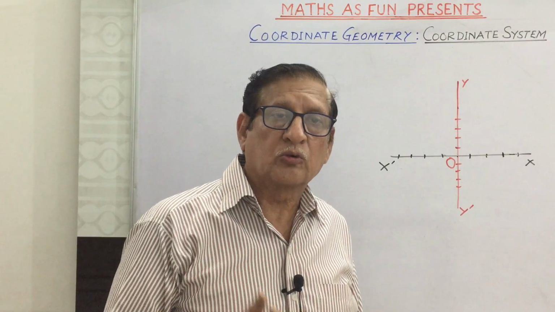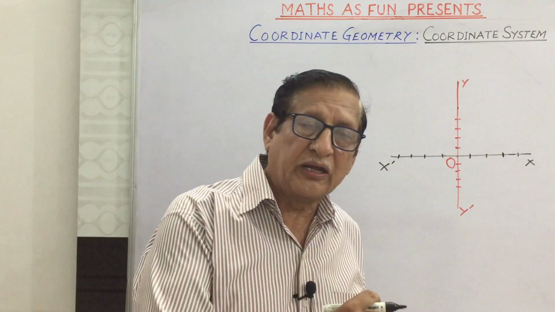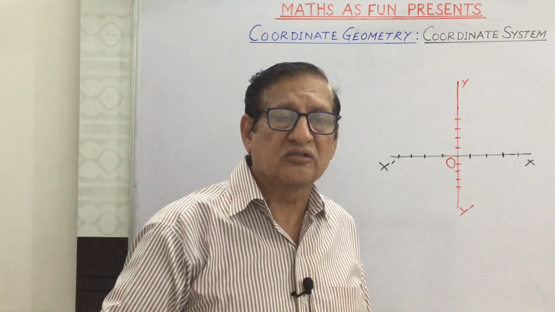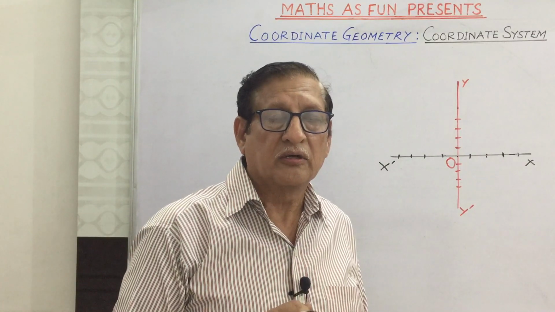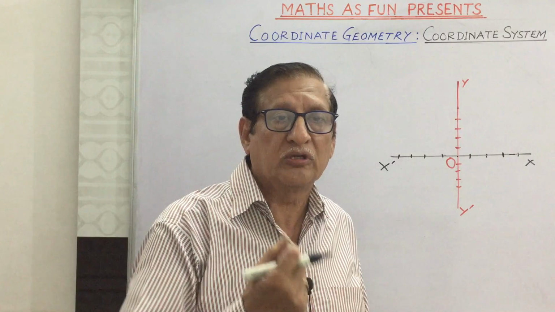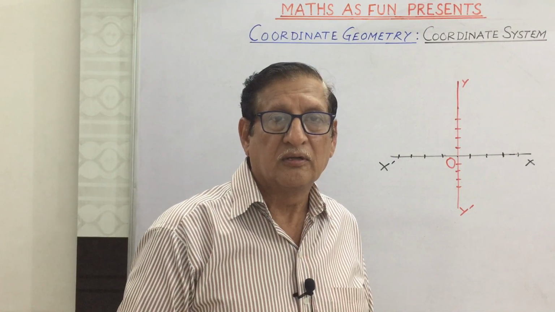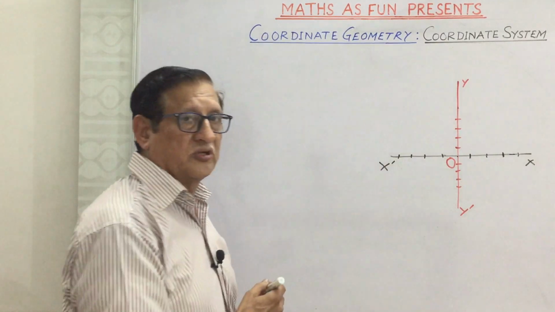After learning about the coordinates of a point and how to plot a point in the plane when the coordinates are given to us, and also how to find out the quadrant in which a point lies by just looking at the sign of the coordinate of it, we will discuss about the coordinates of origin.